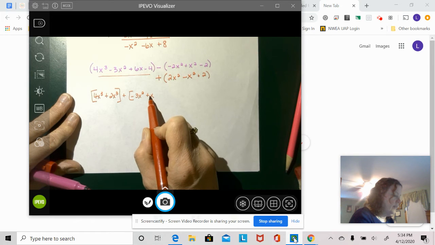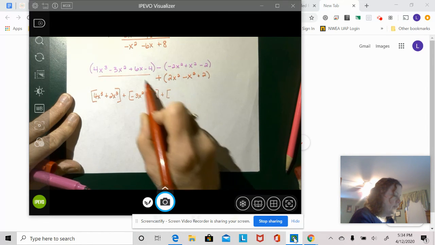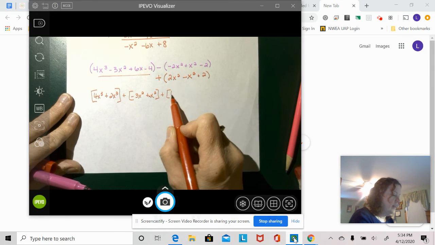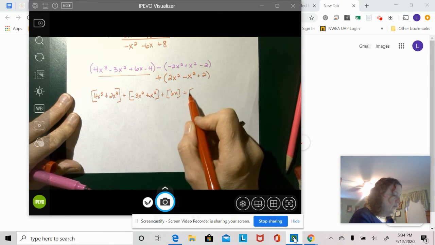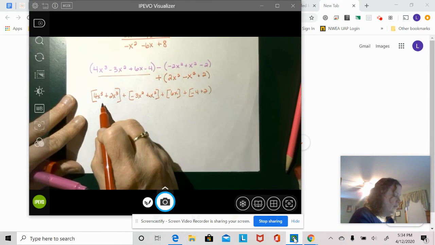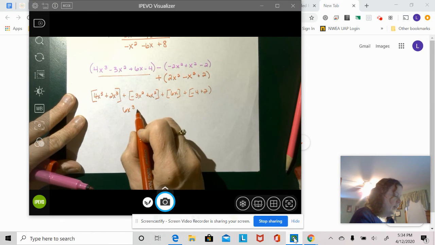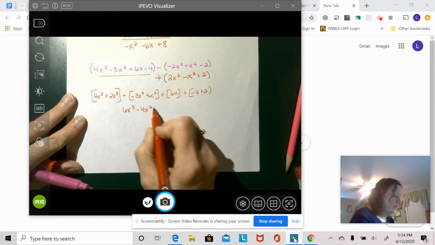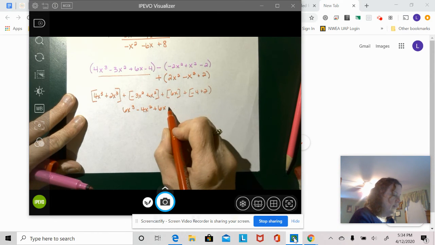Whoops, it's a negative x squared, sorry. And 6x, there's nothing here with just an x, so it stays by itself. And we have a negative 4 and a 2. Putting it all together, we have 6x cubed, and then we have negative 4x squared. We still have plus 6x by itself, and negative 2.